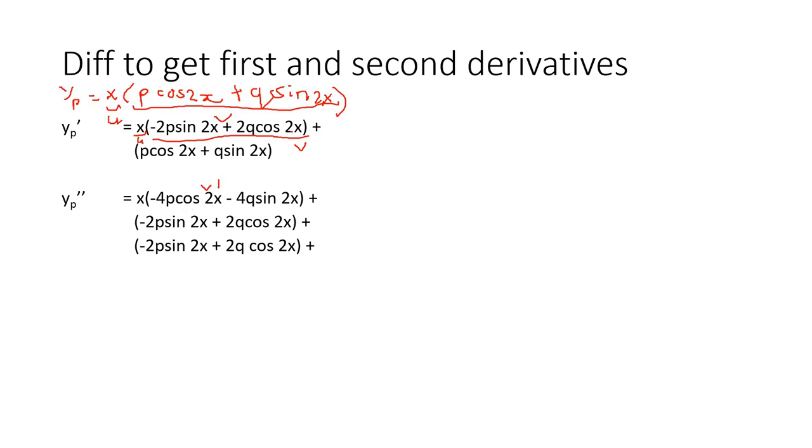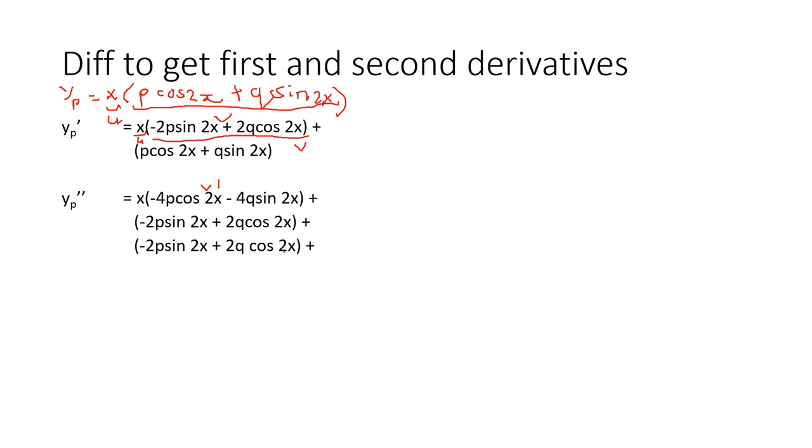Differentiate cos 2x, you get negative 2 sin 2x, so negative 2 times 2q, negative 4q. So plus, this result is v, and u prime is 1. And then the third result is from here: differentiate p cos 2x, you have negative 2p sin 2x. Differentiate q sin 2x, you get 2q cos 2x.